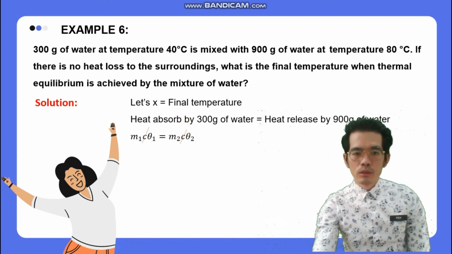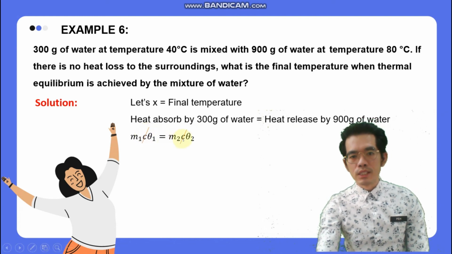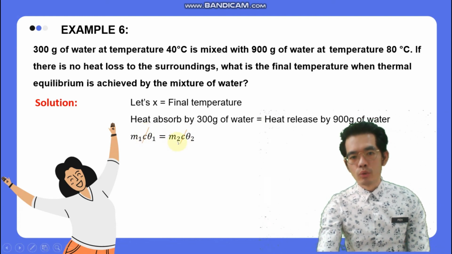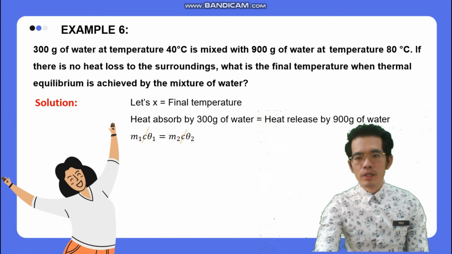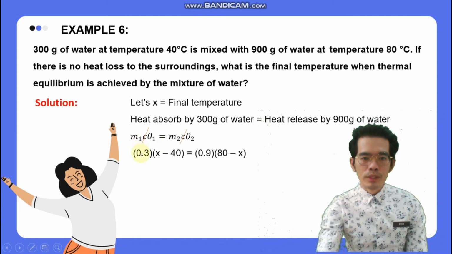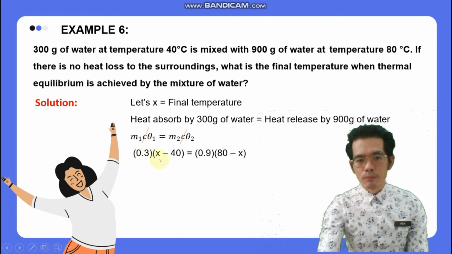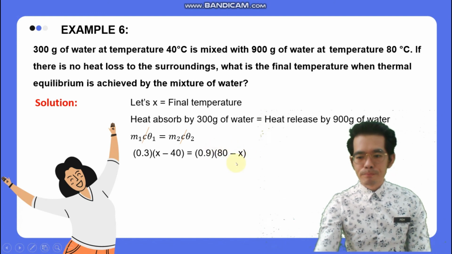Firstly, we can cancel out both C as they have the same value. The next step is substitution of all the values I mentioned just now. M1 will be 0.3 kg and the temperature change will be X minus 40. M2 will be 0.9 kg and the temperature change will be 80 minus X. You must be very careful with the substitution of the temperature changes.